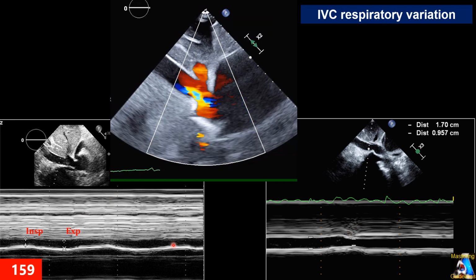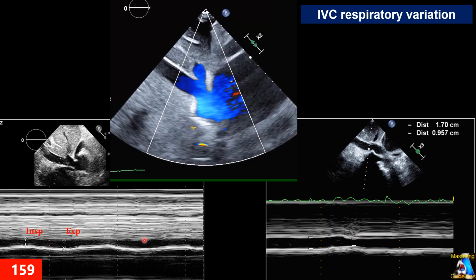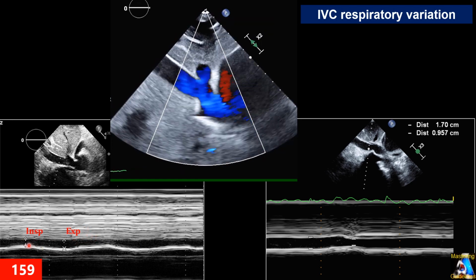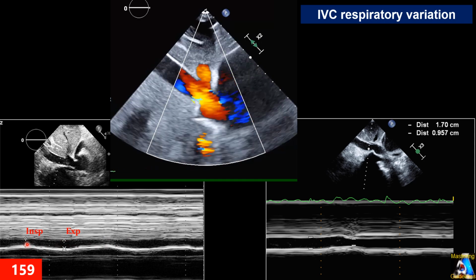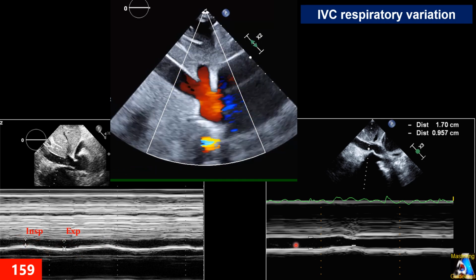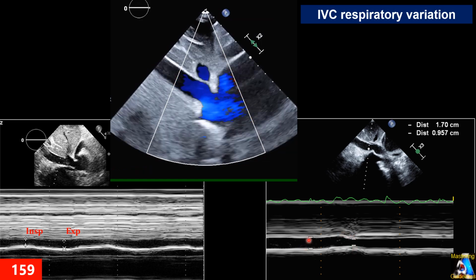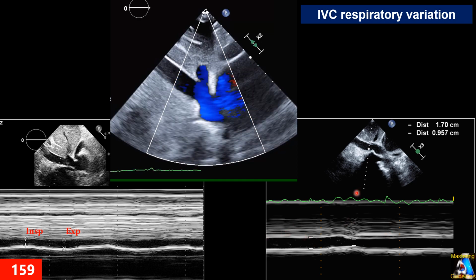In that case, we will have a good M mode that opens and closes. You can see it become smaller and larger. Then we measure at spots next to each other, the smallest diameter and the largest diameter. The smallest diameter is right after sniffing, and the largest is before that. That will be our respiratory variation of the IVC.